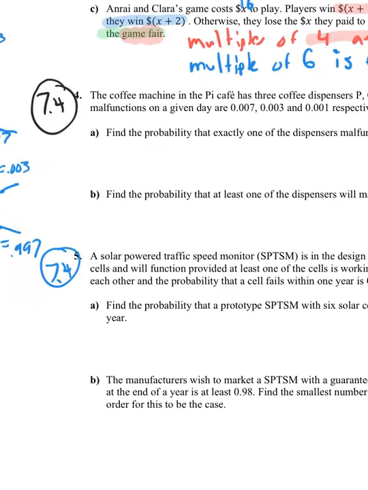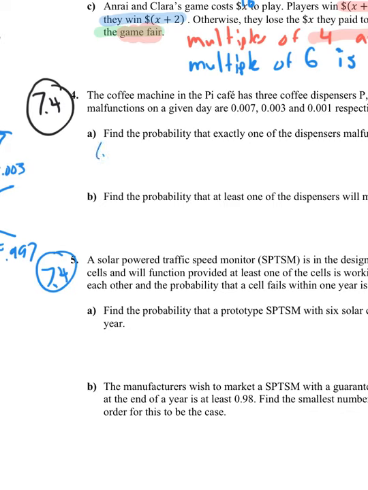But again, when we're doing exactly one of them fails, 0.007 times 0.997, that's the probability that this one does not fail, times 0.999, that's the probability that this one does not fail.